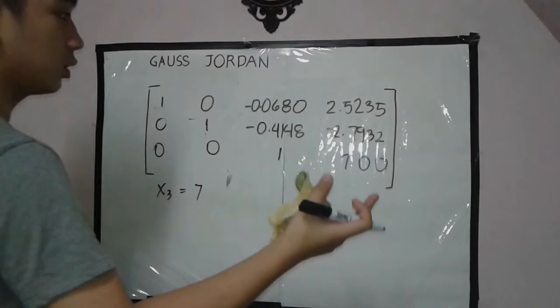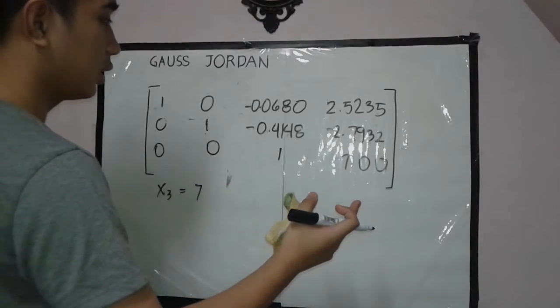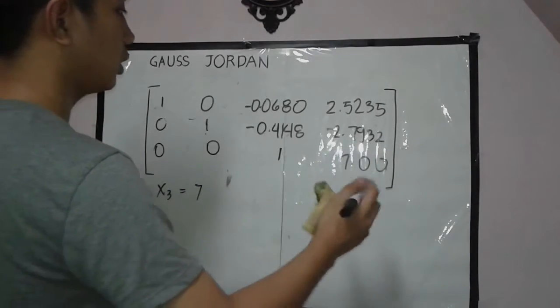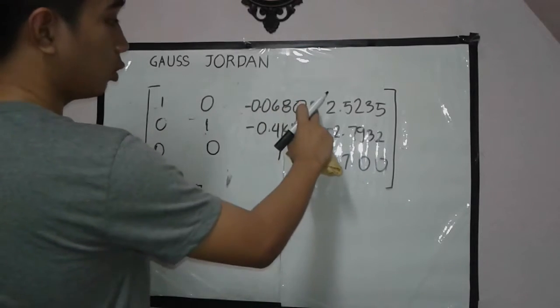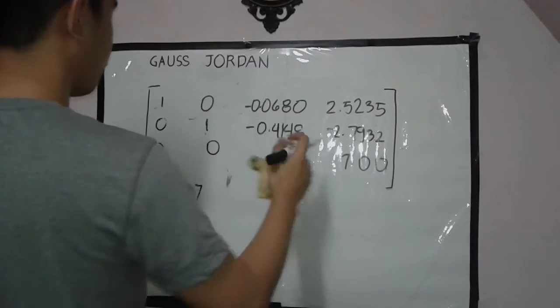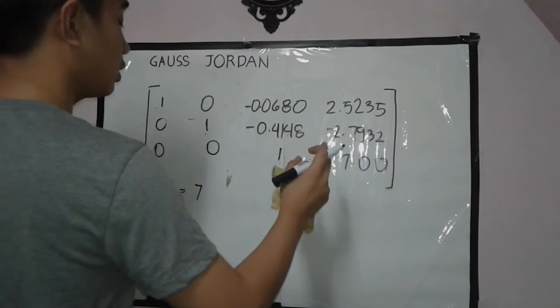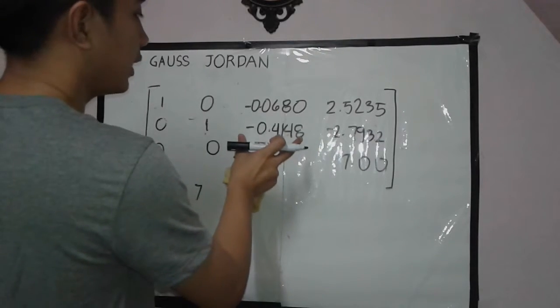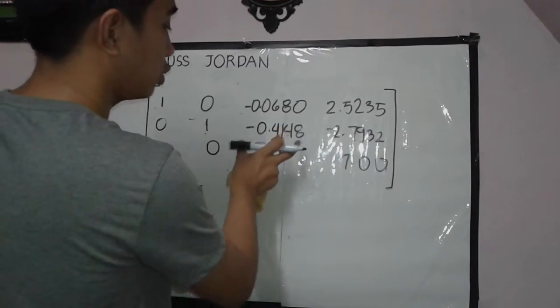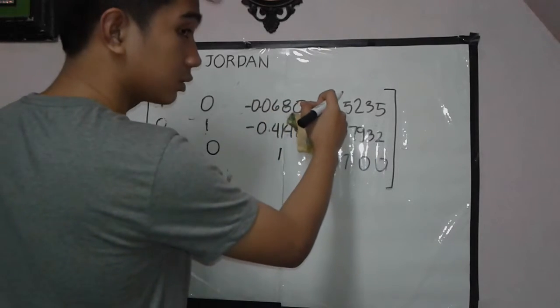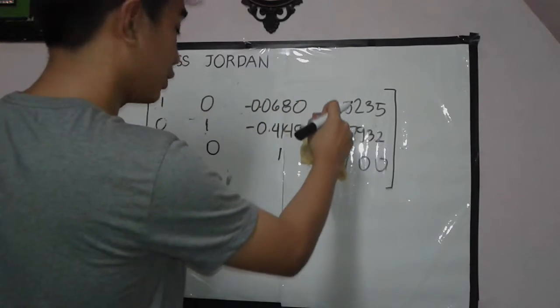Then the remaining ones are the x sub 1 and x sub 2. To do that, just reduce it by dividing it by itself and subtracting it from the other rows.